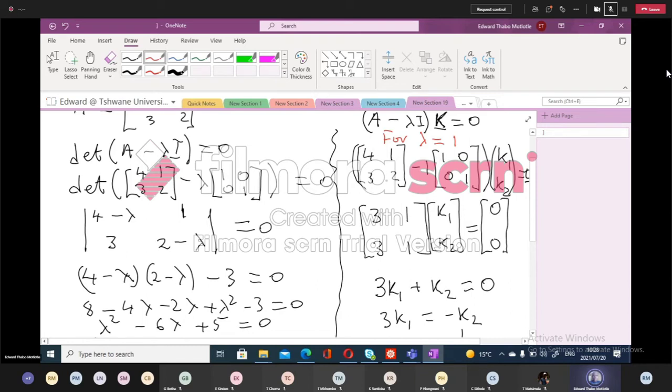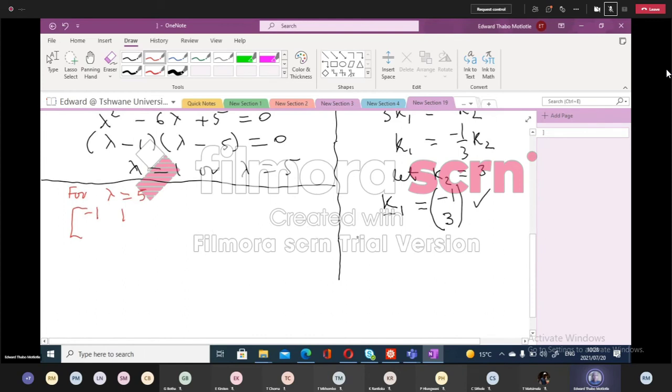Now 3 remains. It's going to be 2 minus 5, which is minus 3. So I have 3 and minus 3. And here I have k1, k2, and this is equal to the zero vector, 0, 0.